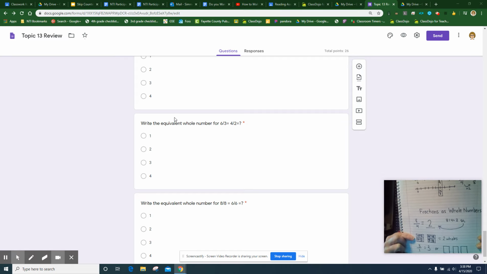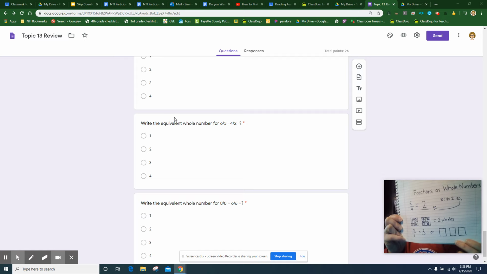If I draw 2 wholes and I partition them into 4, since my denominator was a 4, so that each one of those has 4 parts, then I have 1, 2, 3, 4, 5, 6, 7, 8 parts, or 8/4, and that also equals 2 whole squares in that picture.